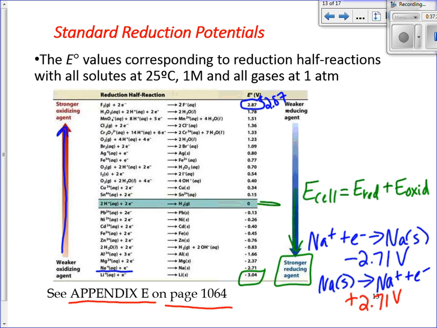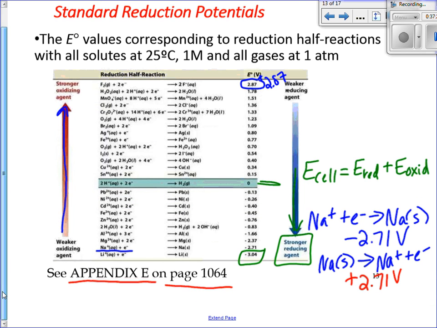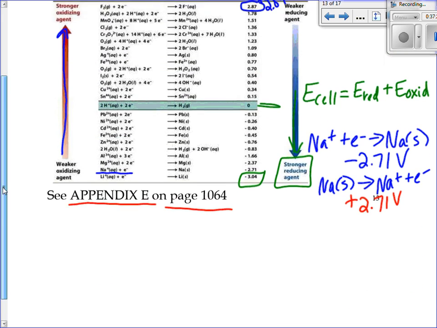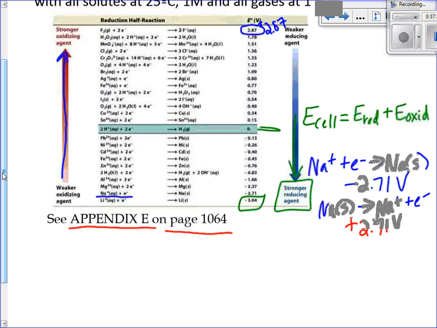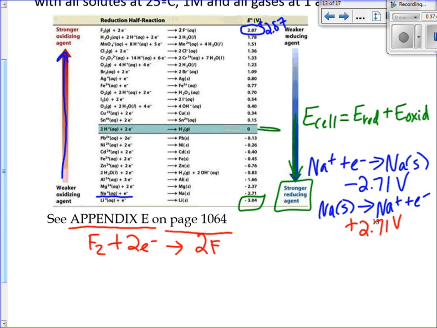So if I was putting, say for instance, let's look here. Let me take the sodium one there, and I'll put it with the fluorine at the top. The fluorine reduction, which is quite high, gives you a positive 2.87.